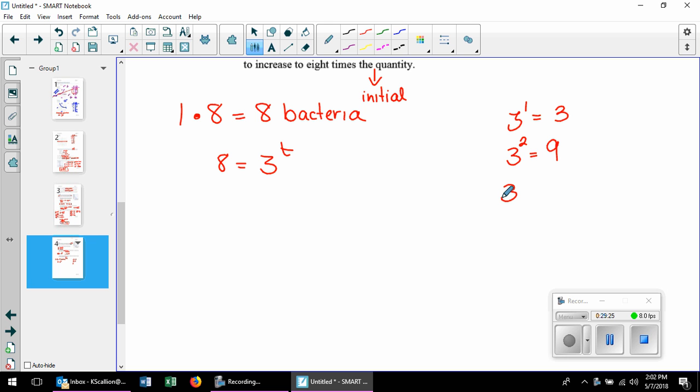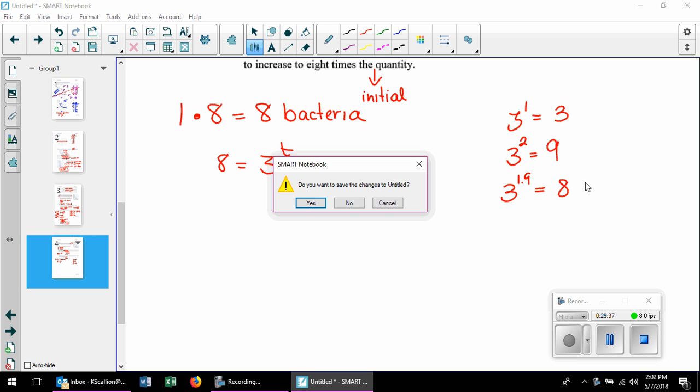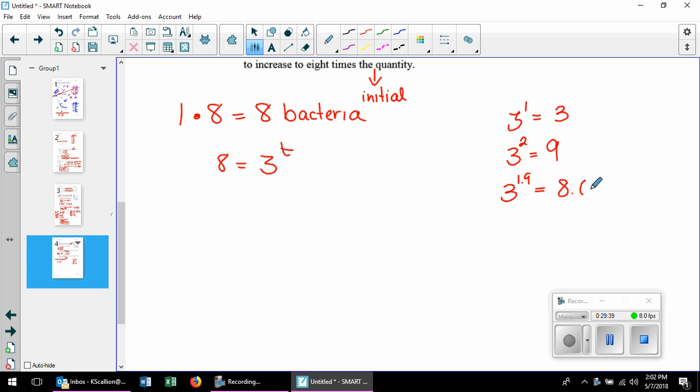So 3 to the exponent, let's do 1.9 because that worked for us last time. I think so. What's 1.8?